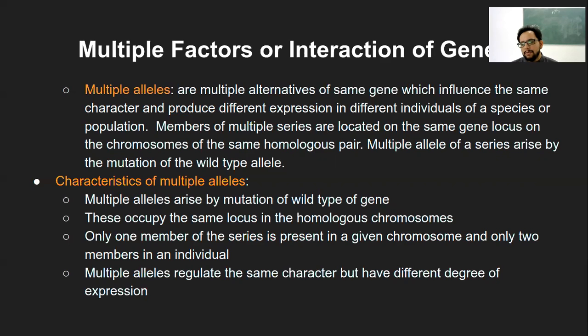These mutations keep happening, and let's say 4 or 5 copies of the mutated gene are developed. All of them staying in the same chromosomal locus or gene locus will be called multiple alleles, provided they are working for the same character. So that way it's multiple alleles.